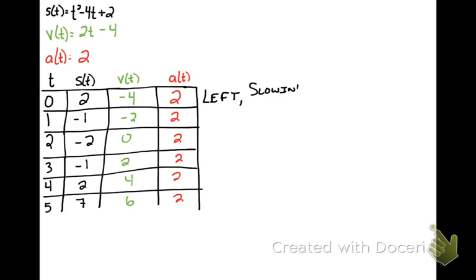It isn't moving to the left as much. At t equals 1, the velocity is still negative, so I know that the particle is still moving to the left. And since its acceleration is 2, it's still slowing down.